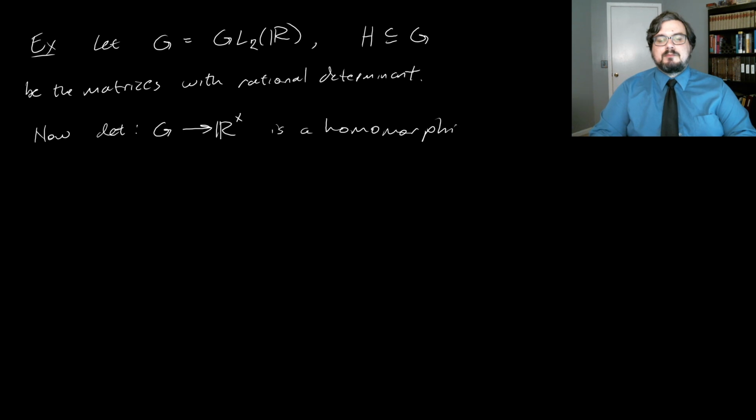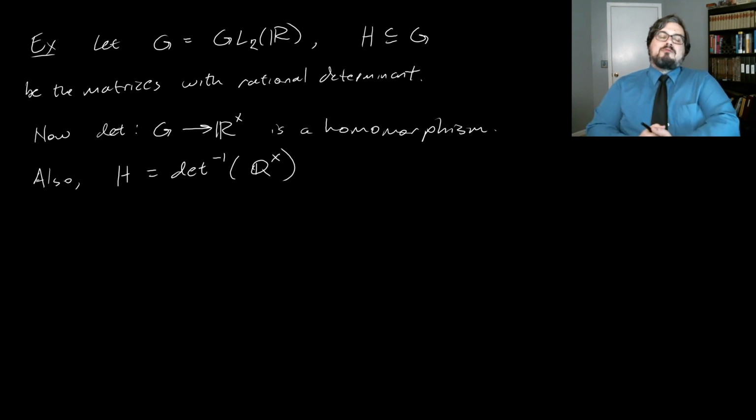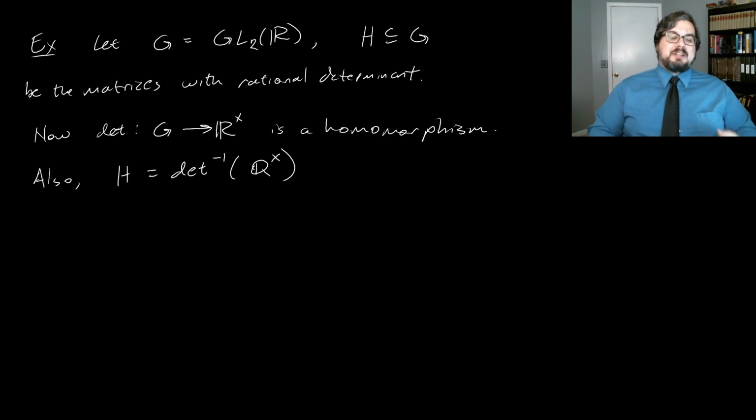And then also we have that H is the inverse under this map of the set of non-zero rational numbers. So it's all the matrices with rational determinant. That is, it's all the matrices whose determinant is a rational number. Or, in other words, it's the preimage of the set of rational numbers under the determinant homomorphism.